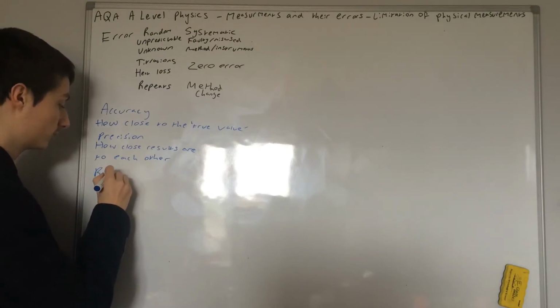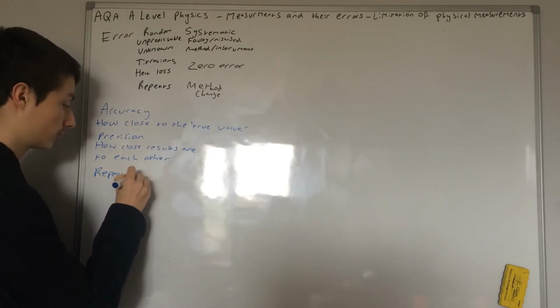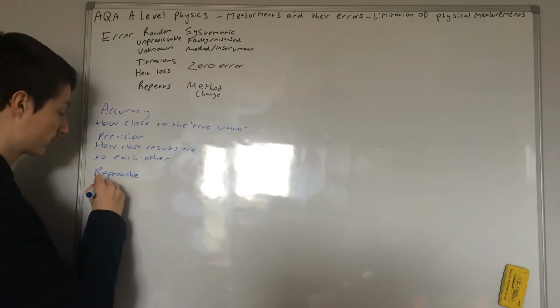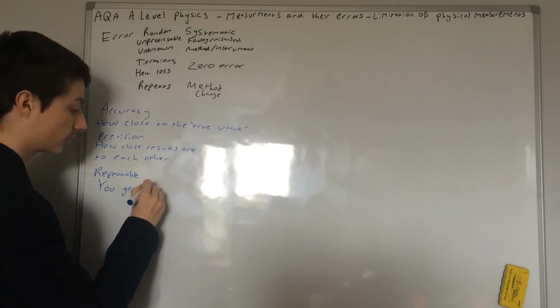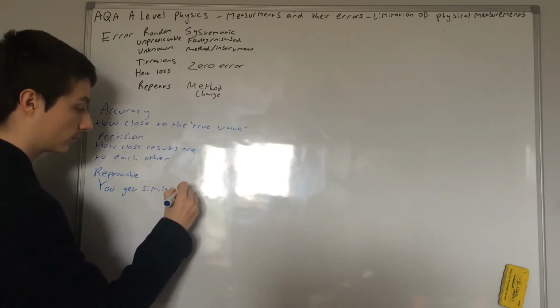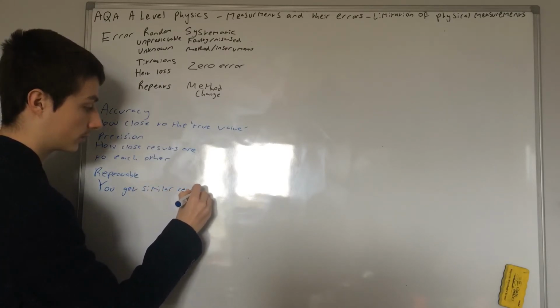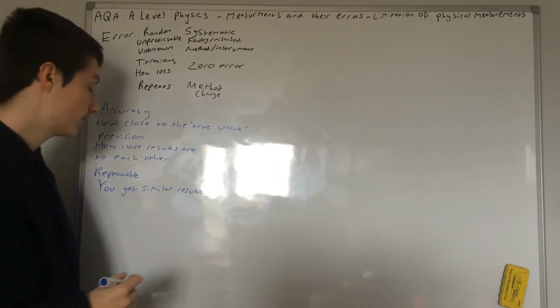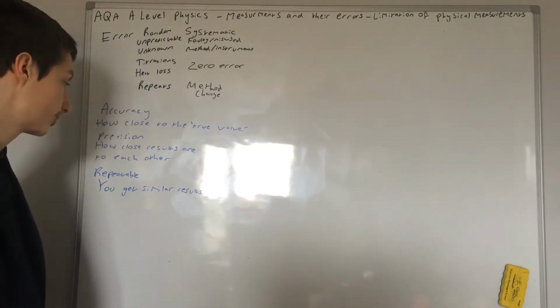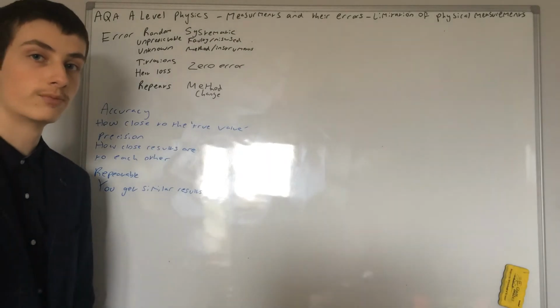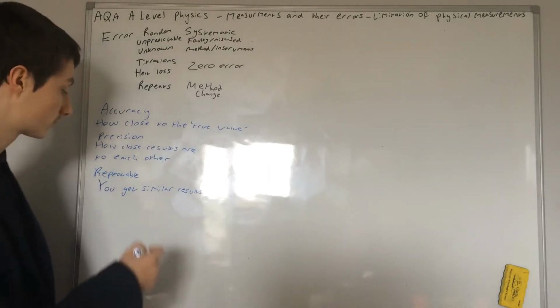The next is repeatable. You may have come across this term before. Your experiment is repeatable if you get similar results. For example, if you repeat your experiment a few times to make an average and you get similar results each time, your experiment is repeatable.